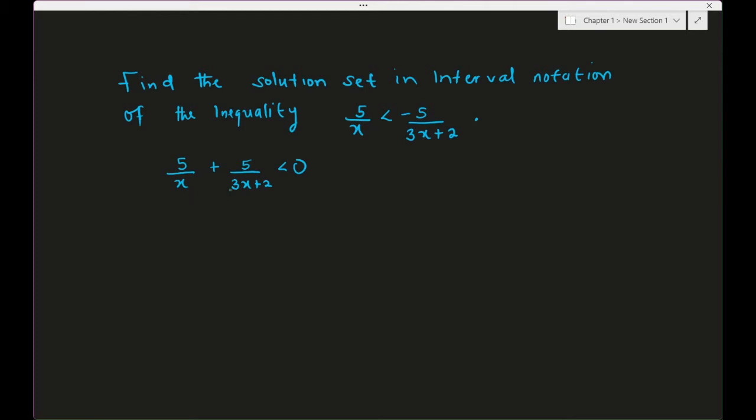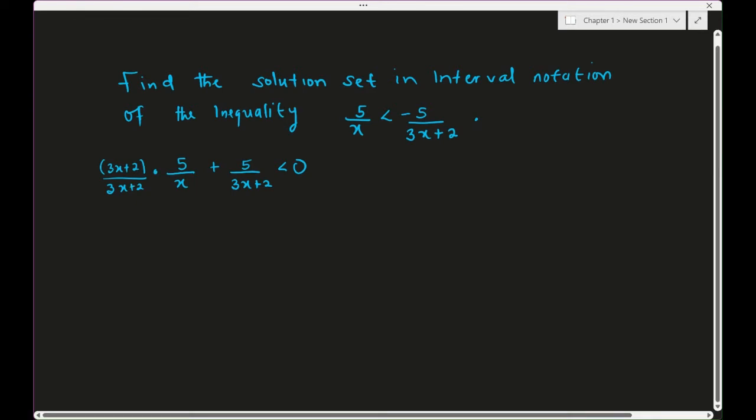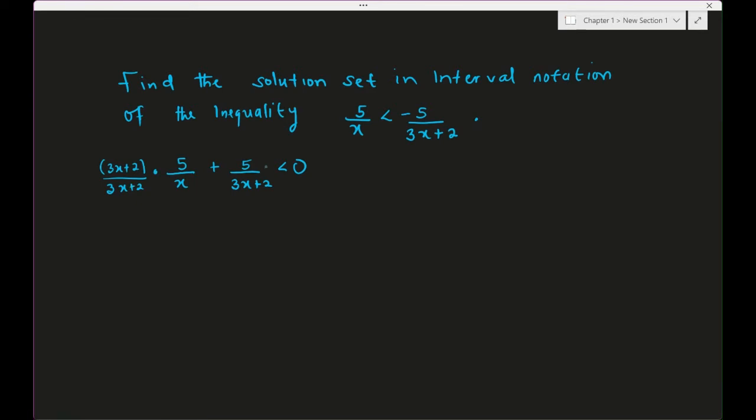Now we try to make the denominator on the left hand side the same. We can multiply this by 3x plus 2 over 3x plus 2, and multiply this by x over x.